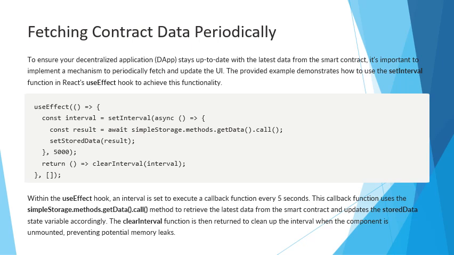This callback function uses the simpleStorage.methods.getData.call method to retrieve the latest data from the smart contract and updates the storedData state variable accordingly. The clearInterval function is then returned to clean up the interval when the component is unmounted, preventing potential memory leaks.